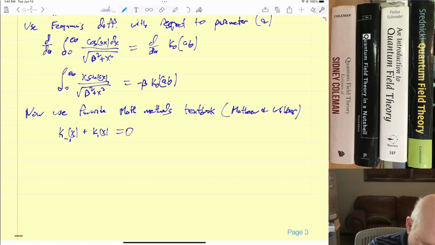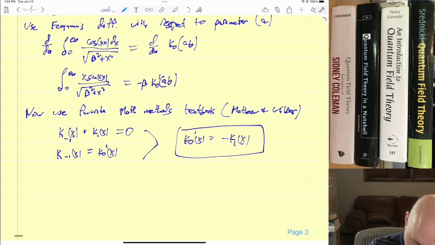And the other one was, we also get K minus 1 of x plus, I'm sorry, equal K0 prime x. So these two imply that K0 prime x is equal to minus K1 x.